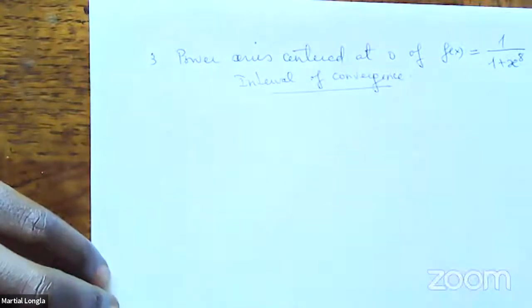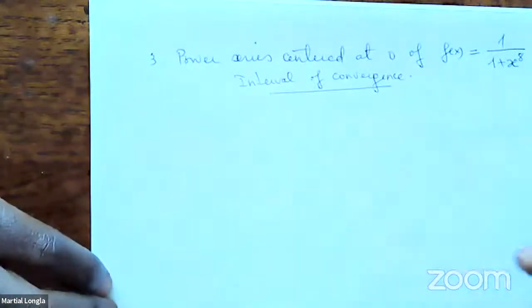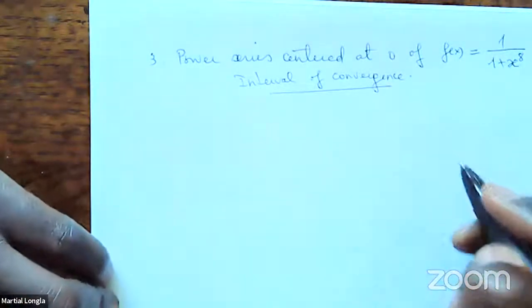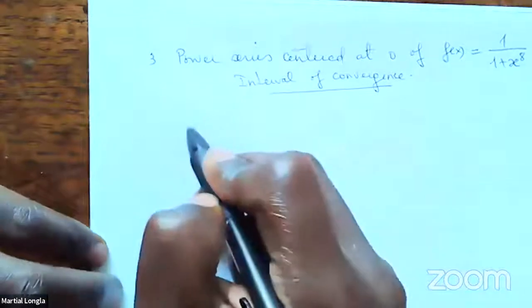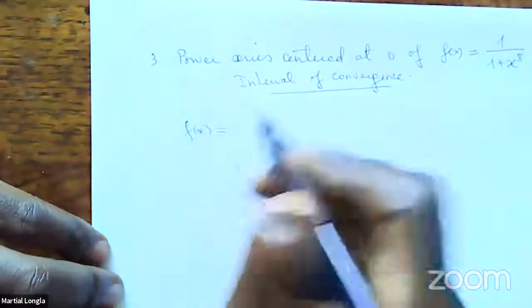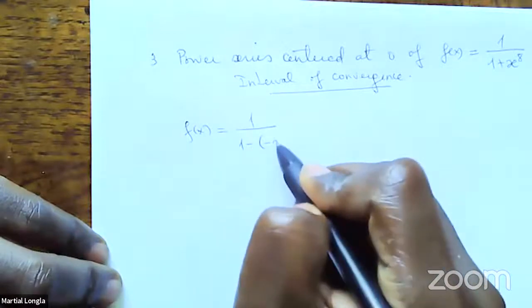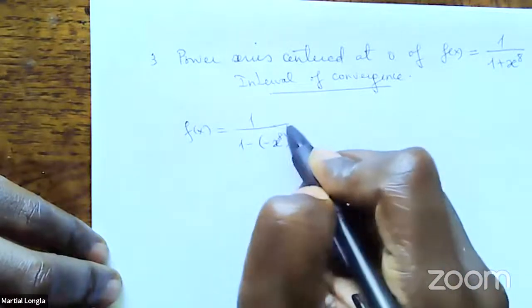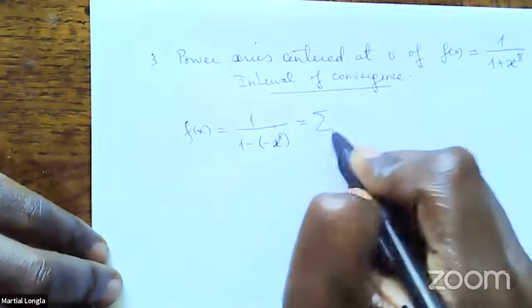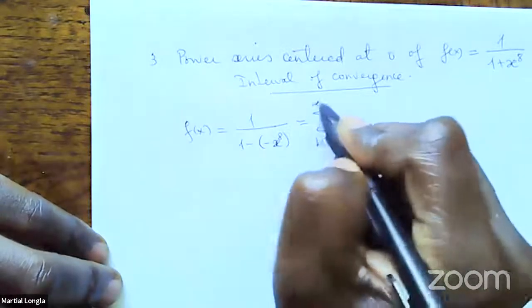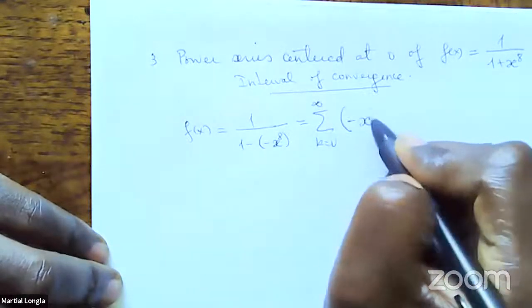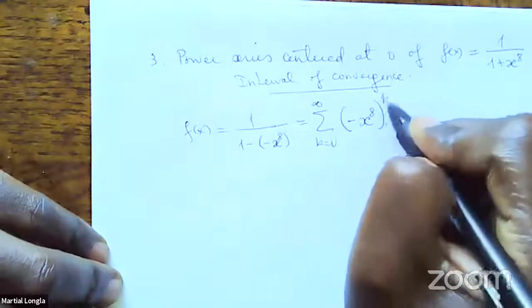Again, it's all the same questions related to the sum of x to the power k. So this f of x is 1 over 1 minus x to the 8th, and that's it. It's the sum k from 0 to infinity of (minus x to the 8th) raised to the power k.